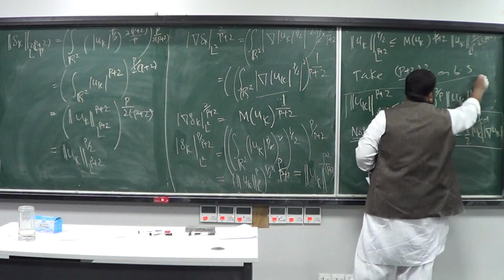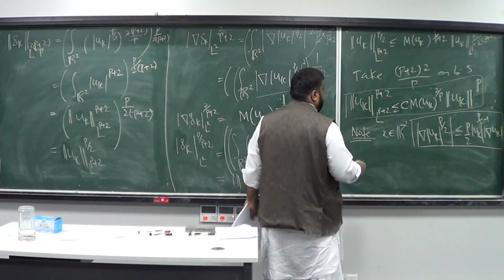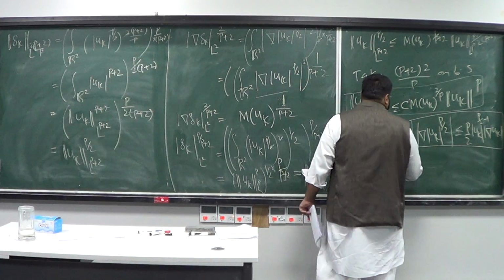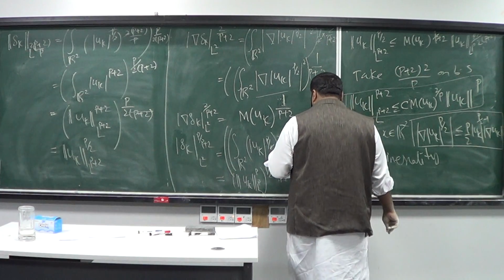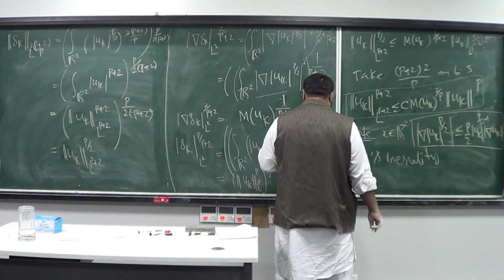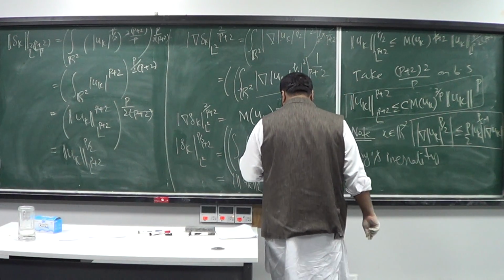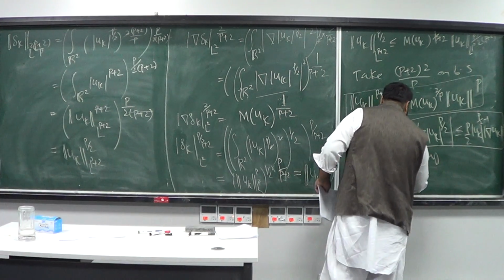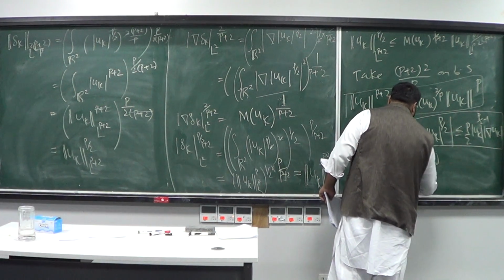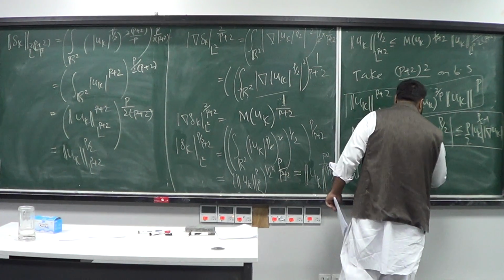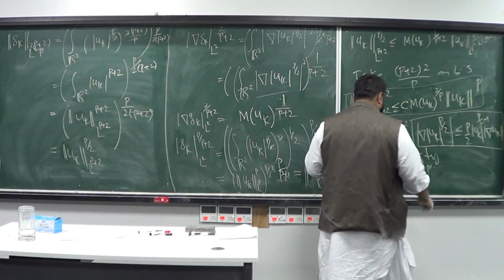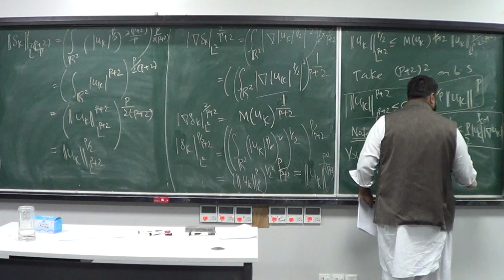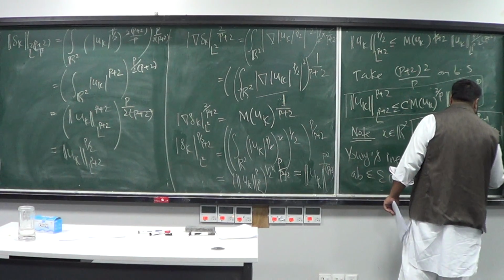Given this inequality, I want to apply a Young inequality. So what is the Young inequality? The version of Young's inequality that I would like to apply is the following. ab can be estimated by epsilon times a to the power p plus c(epsilon), a constant that depends on epsilon, times b to the power p prime, where p is between 1 and infinity, and 1 over p plus 1 over p prime is 1.